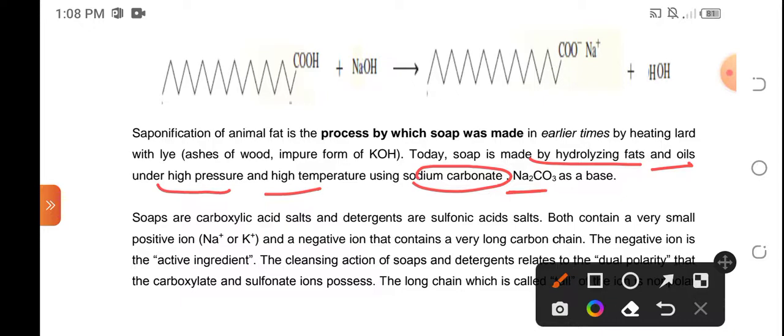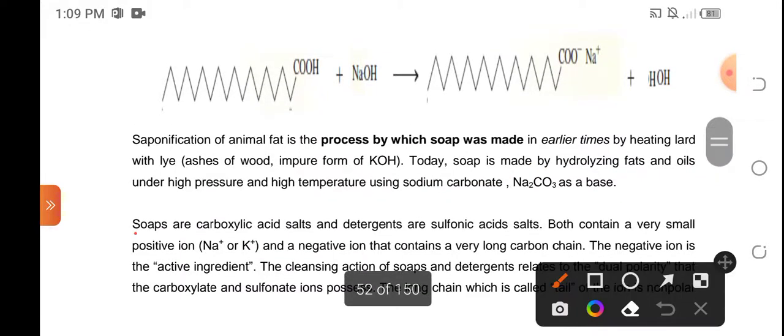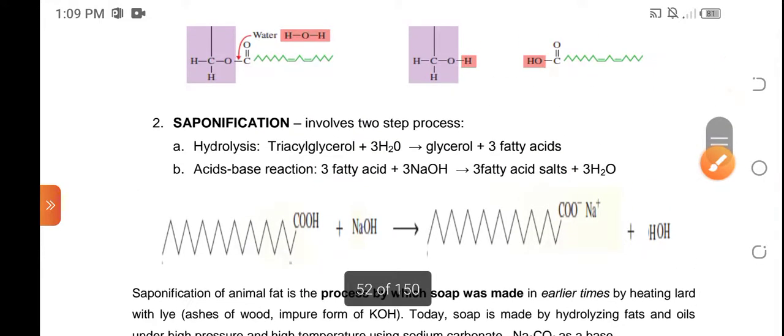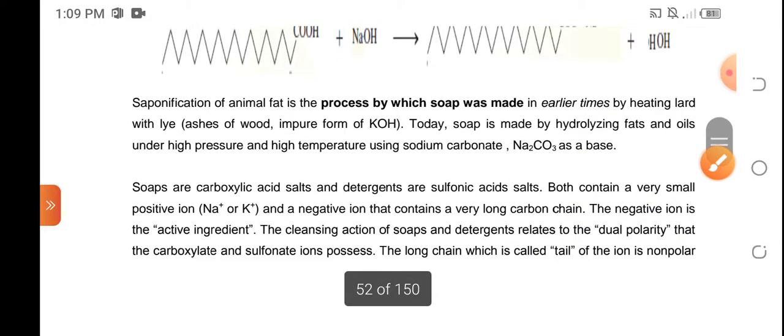Okay, so nevertheless, soaps are still carboxylic acid salts. Remember that the fatty acid has a carboxyl group, carboxylic acid rin, and it is in salt form.